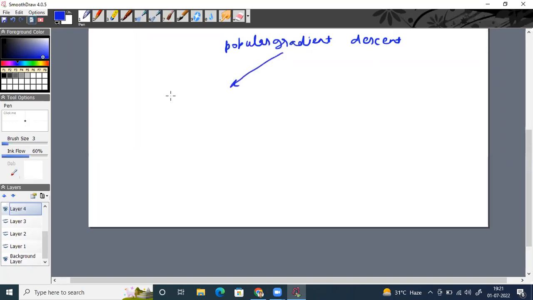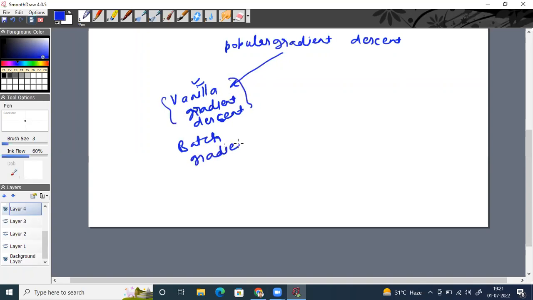One is known as vanilla gradient descent, or sometimes it's called batch gradient descent. Vanilla means original flavor. So initially, when somebody launched it, the only algorithm available was batch gradient descent. Vanilla means raw flavor, without any flavor.